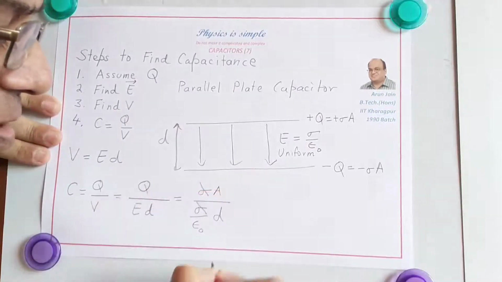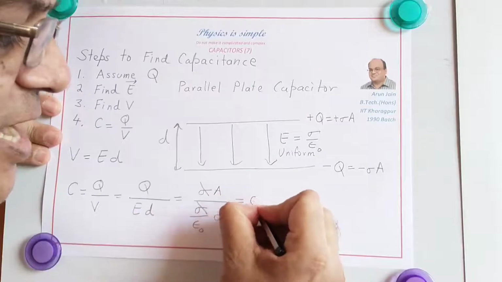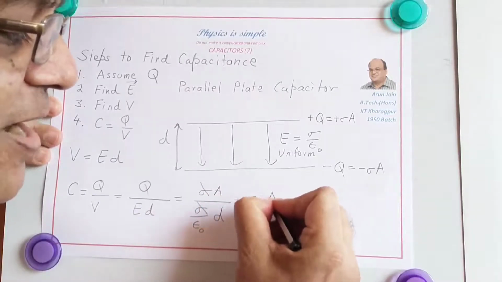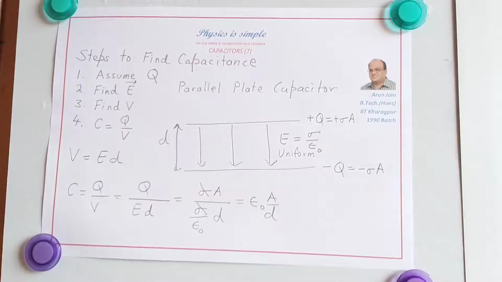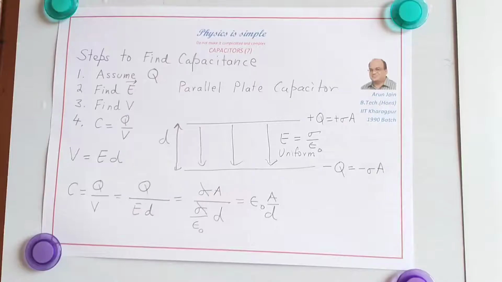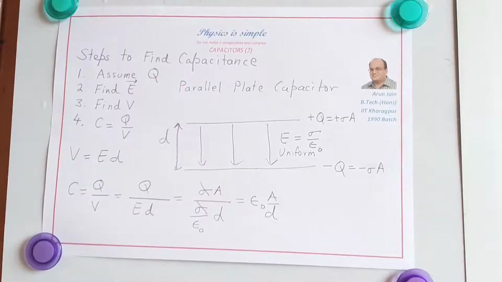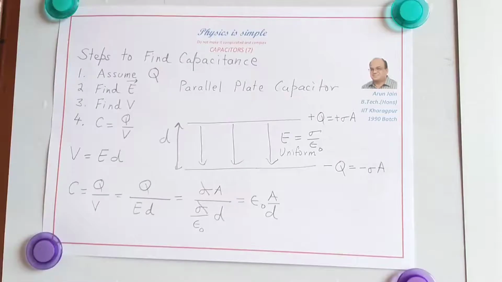Sigma will cancel out and we'll get epsilon naught A by d. This is the formula for the capacitance of a parallel plate capacitor. Very important formula: C equals epsilon naught A by d.